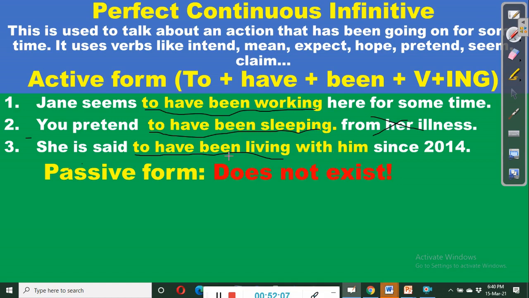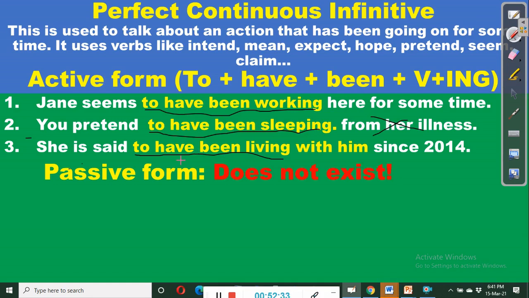We are probably talking about how long the woman has been living with him. Probably the man may have started maltreating her, or may have betrayed her by saying he's not going to marry her anymore, having lived with her for such a long time.